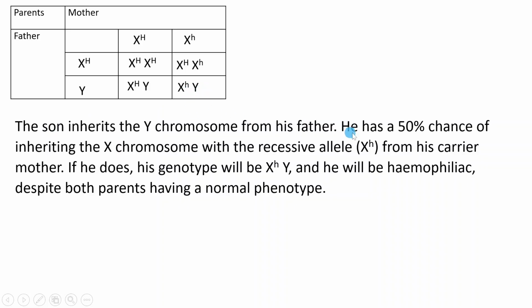He has a 50% chance of inheriting the X chromosome with the recessive allele from his carrier mother. If he does, his genotype will be that, and he will be hemophiliac, despite both parents having a normal phenotype.